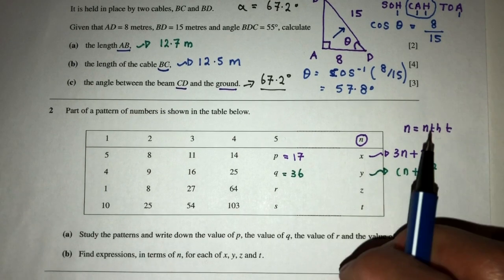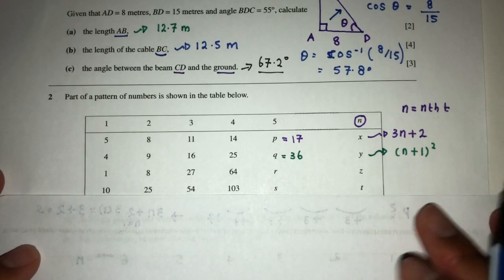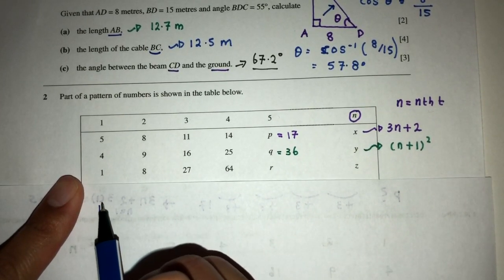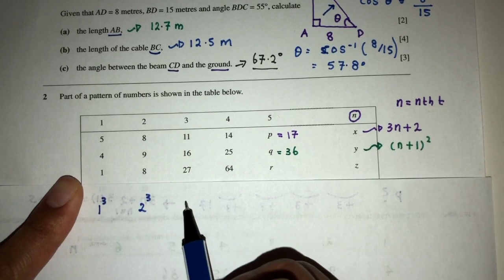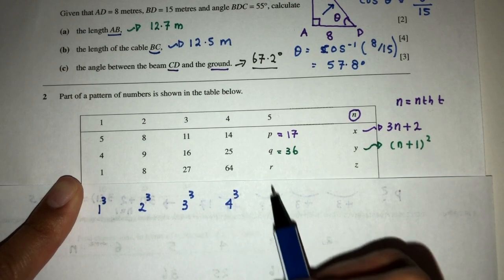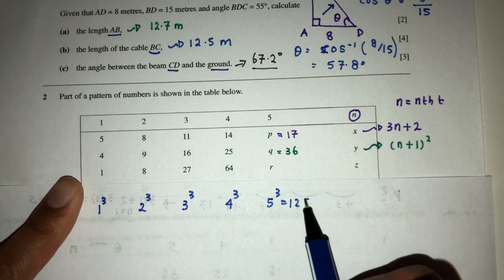It is pretty easy. Let me write this down again. The main idea here is that 1 is 1 cube, this is 2 cube, that will be 3 cube, 4 cube. So the value of R will be 5 cube. It will be 125.